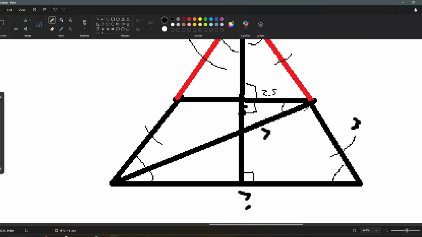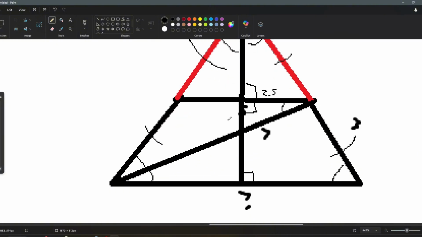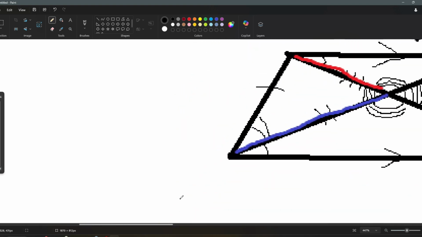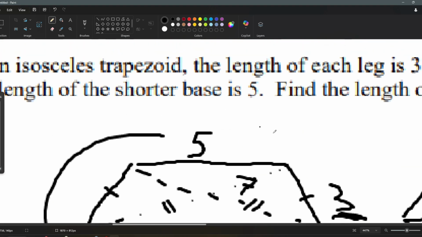I have no idea. The answers to these have to be integers, right? This is obviously positive.